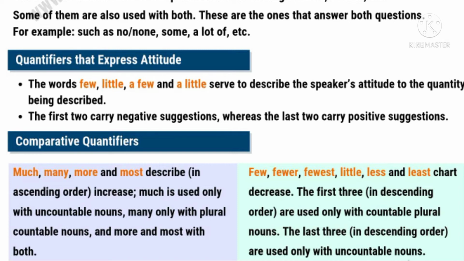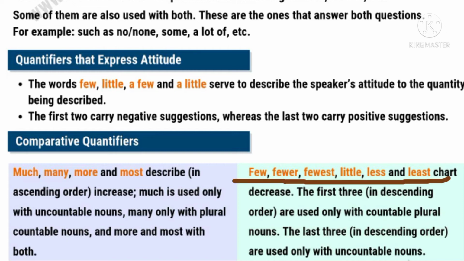Next, comparative quantifiers. Much, many, more, and most describe increase, that is in ascending order. Much is used only with uncountable nouns, many only with plural countable nouns, and more and most with both.